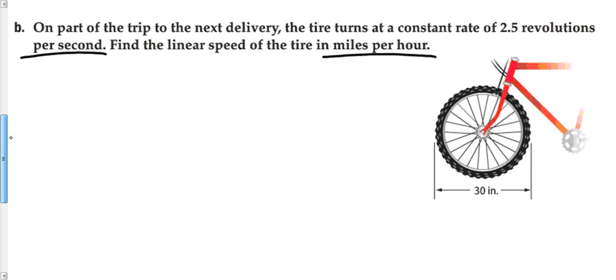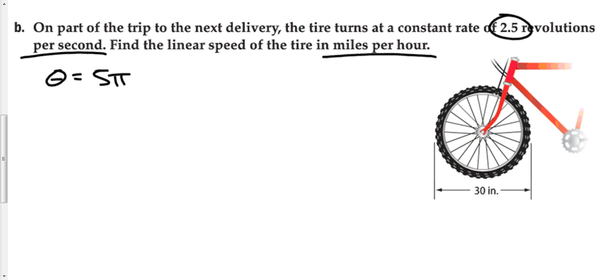Okay, so here's my bike. I know first that a rotation of 2.5 revolutions corresponds to something in radians. So if I want to take this 2.5 revolutions, let me convert that to radians. Well, that's going to be 2 pi times 2.5, which gives me 5 pi. Okay, so that's my theta.